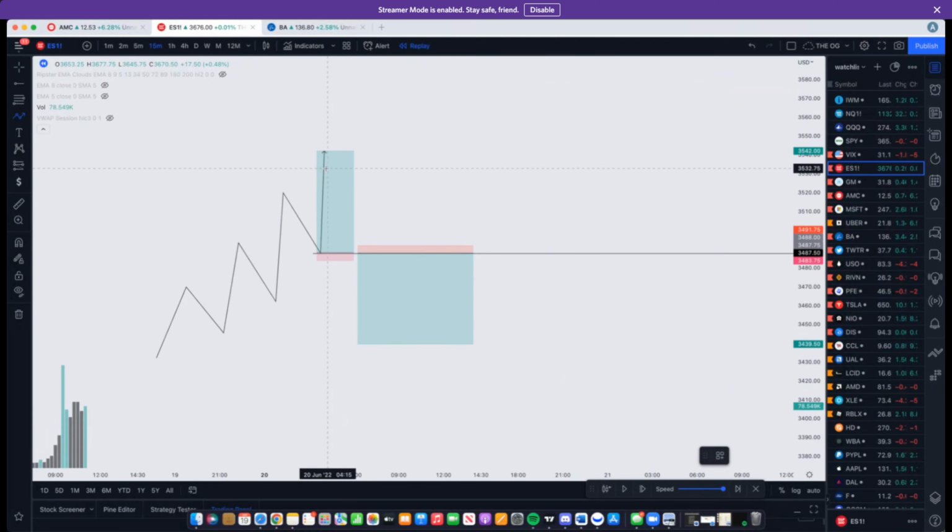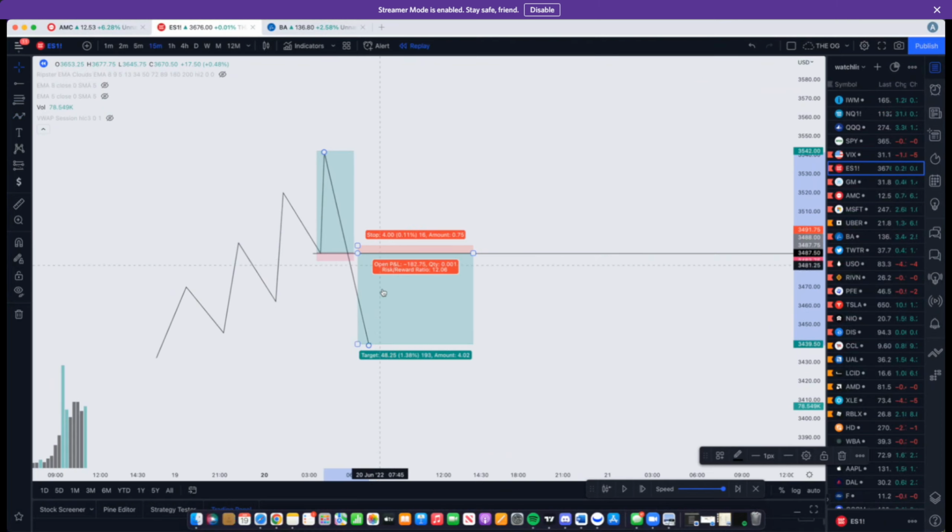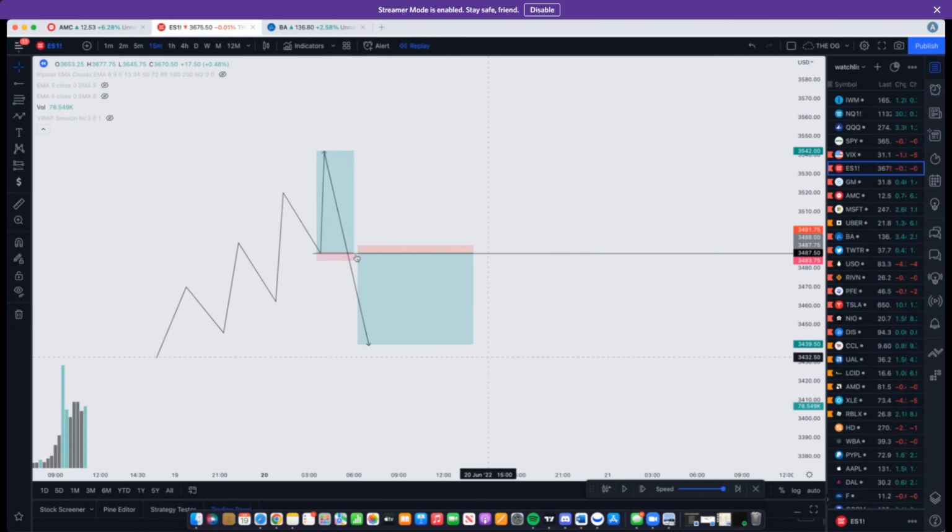Let's say the market wants to trend higher. What it can do here is stop out the buyer, please the seller, and just dump lower.